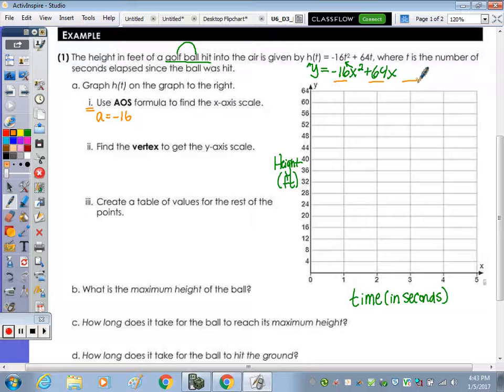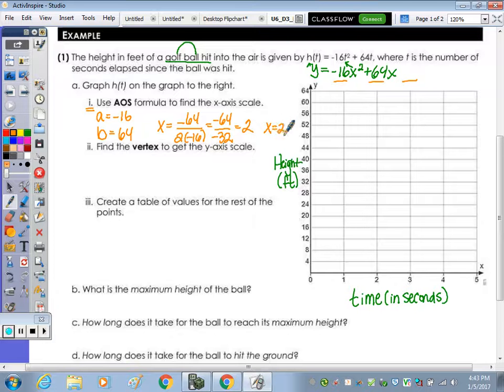So a is negative 16, and the b value is 64. So our axis of symmetry is x equals negative b, so negative 64, over 2 times negative 16. So it'll be negative 64 over negative 32, which equals a positive 2. So our axis of symmetry is the equation x equals 2.